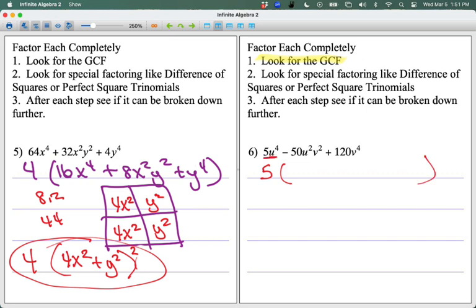If I divide a 5 out of there, I'll have just u to the 4th. Divide a 5 out of that one, I'll have 10. And divide 120 by 5, and if you need your calculator, that's fine. It's 24. Don't forget your v to the 4th.